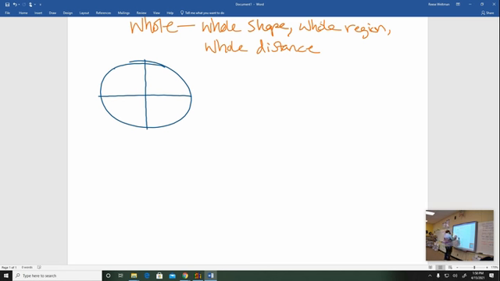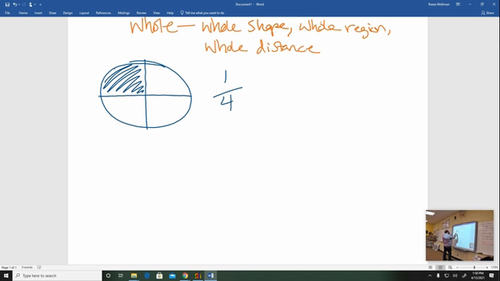As you know, I like to use pizzas as examples often for fractions. Let's say we take one and cut it into 4 parts. That means each one of these parts is 1/4 of the whole. Because we have 4 parts, we know that 4 is our denominator, so we put that down there.